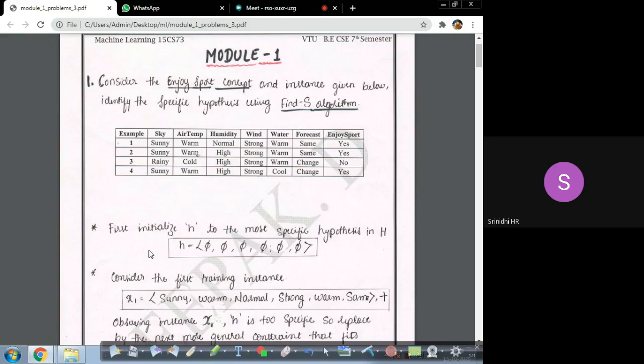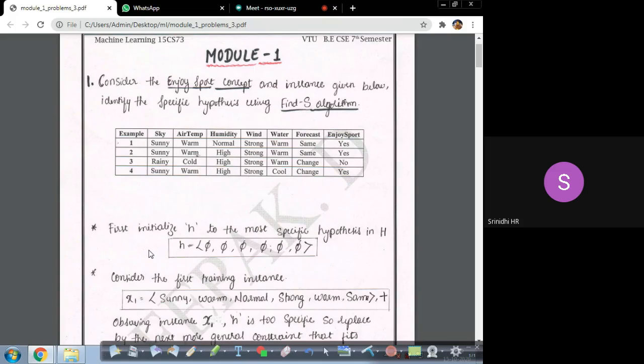First, a data set of instances is given. I have 4 instances, from example 1 to 4. I have 6 attributes: sky, air temperature, humidity, wind, water, and forecast.